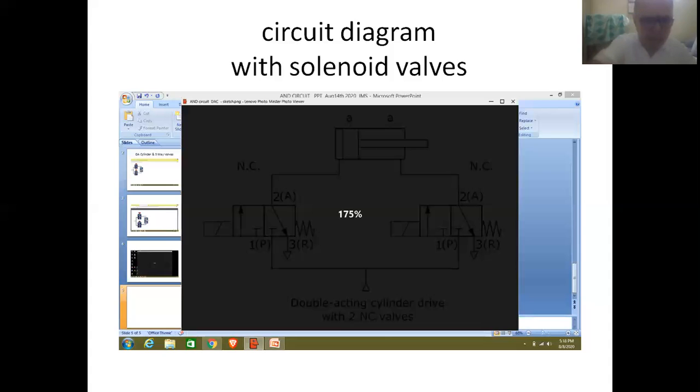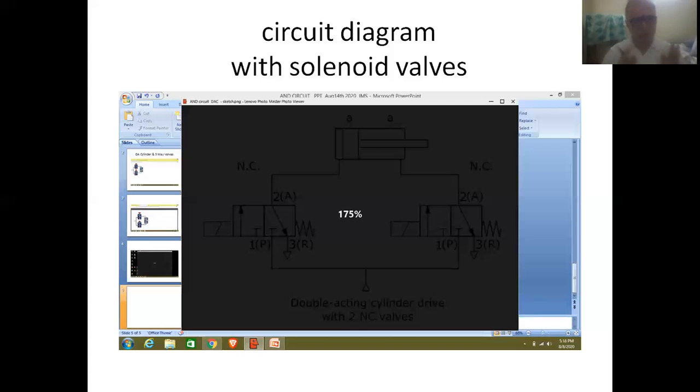And this is the passage through which the fluid will be discharged away from the circuit or from the system. Therefore, it is referred to as exhaust port. So friends, this valve is provided with one inlet, one outlet, and one exhaust.